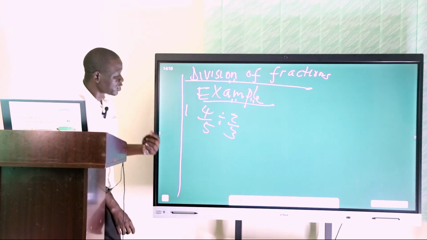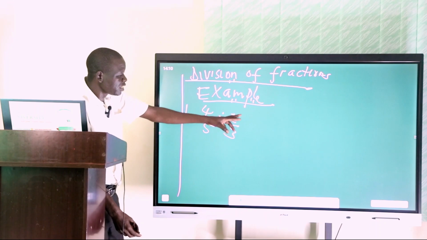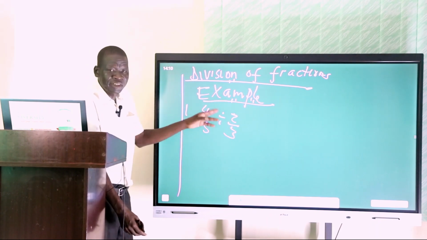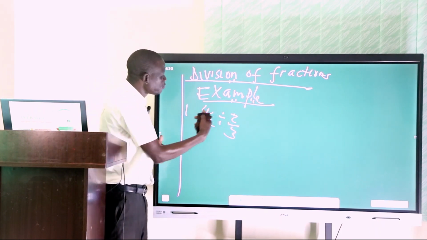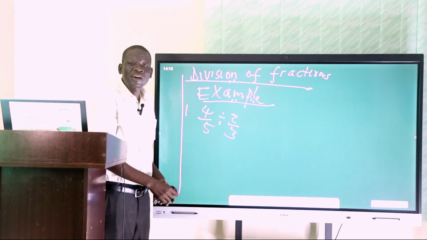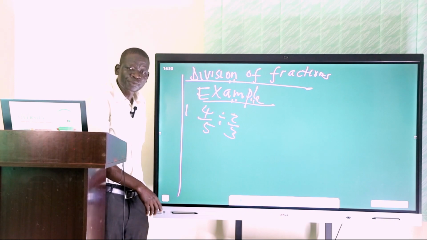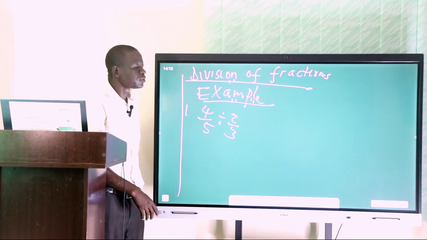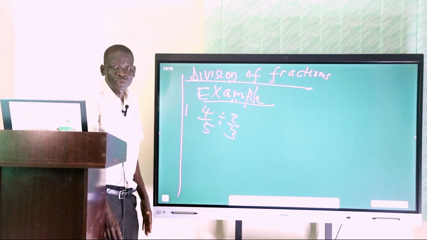So what we are saying is that we get the reciprocal of the dividend, then we multiply it by the divisor. So the division sign will have to change to multiplication.